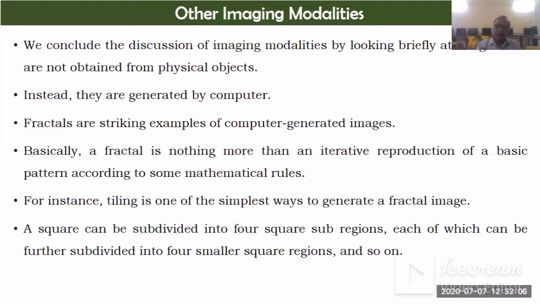Now in another technique, the images are generated using a computer system. So this is another imaging technique.